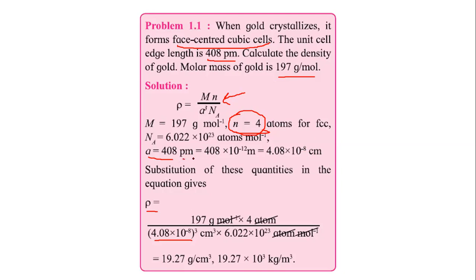So 408 picometers is converted into 4.08 into 10 raised to minus 8 centimeters, cubed, because in the formula we have to do the cube, and into Avogadro's number. So the atom will be cancelled, mole will be cancelled. After solving this step, if you write this step, you will get 2 marks. Remember, if you write this one, you will get 2 marks.